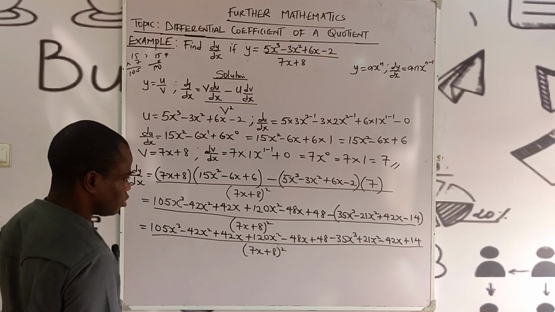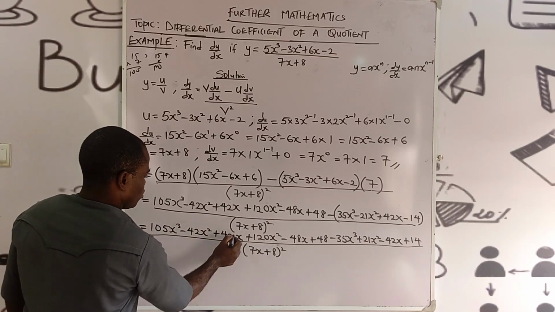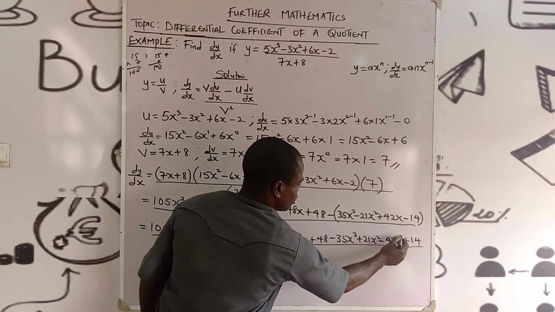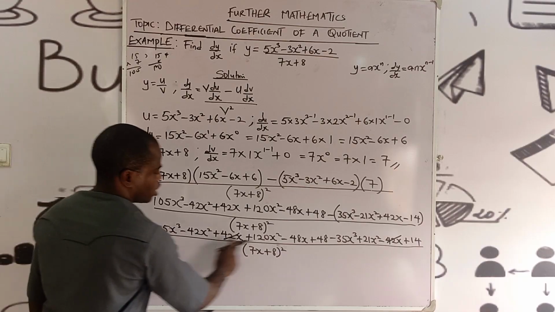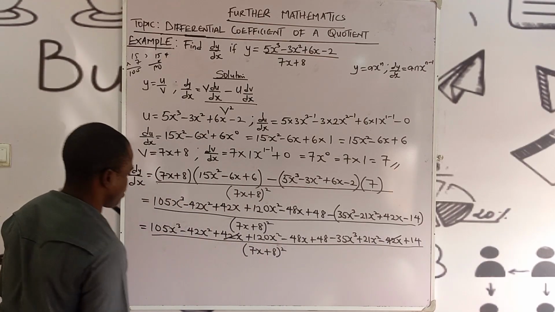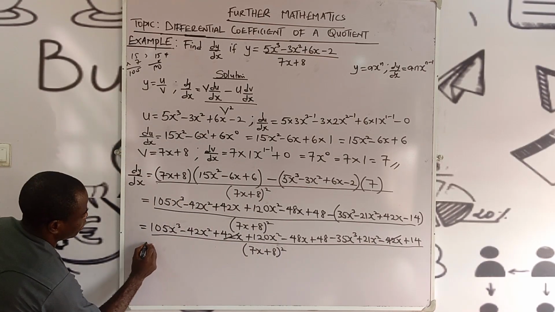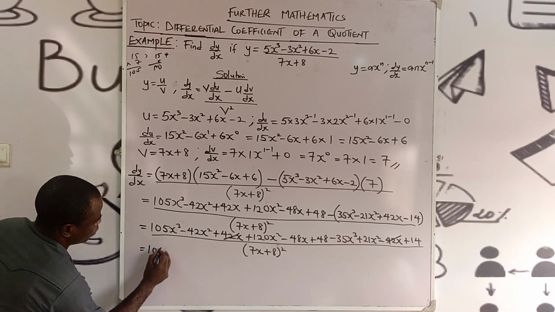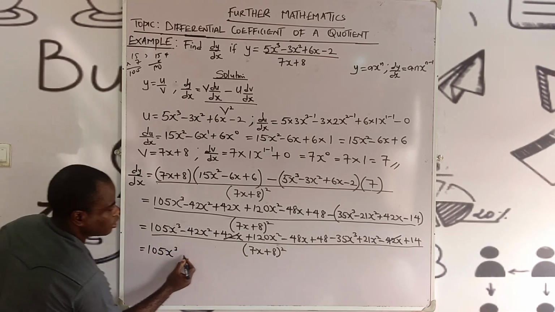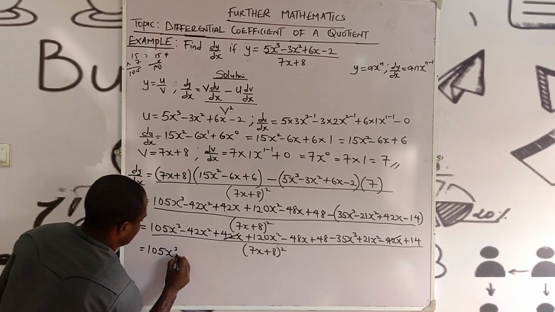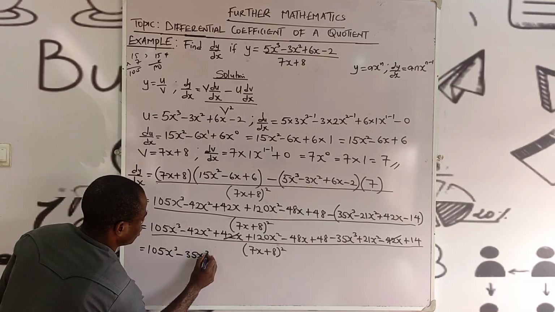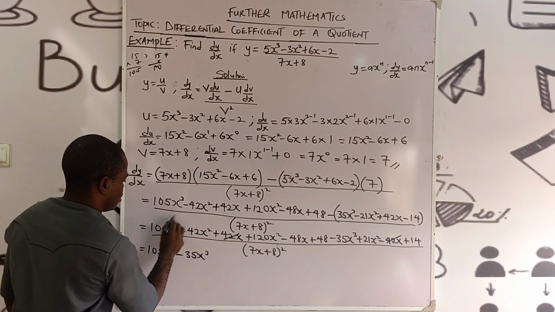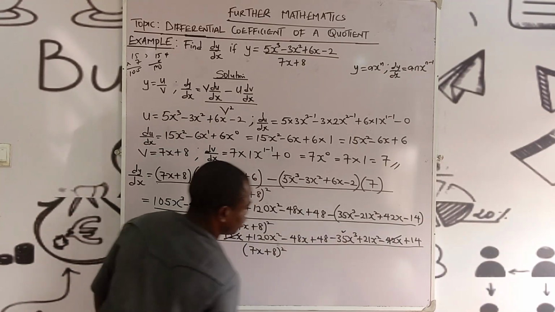Now let's see what can cancel out. Plus 42x cancels minus 42x. Let's collect the like terms: 105x raised to power 3 minus 35x raised to power 3.